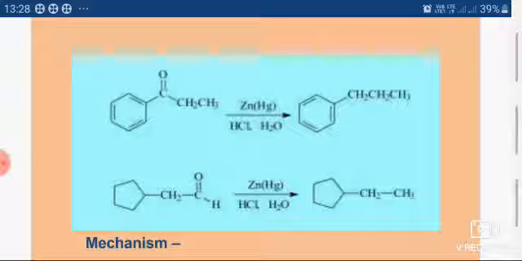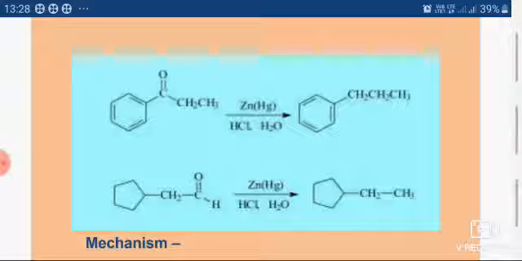So in this reaction, ethyl phenyl ketone undergoes reduction with zinc amalgam and HCl, giving n-propyl benzene. This was the general reaction and one of the examples.